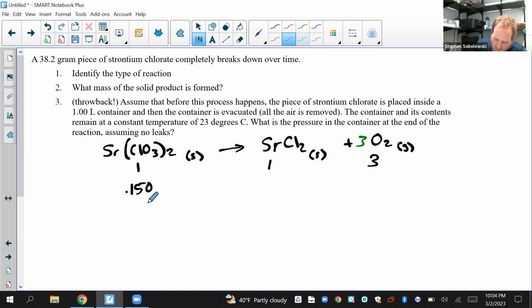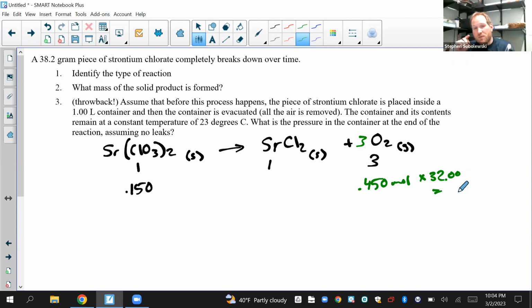All right, let's find how much gas is going to form. Well, if it's 0.150 moles of this, it's going to be 0.450 moles of this. And we multiply that by 32.00, that's the molar mass of O2, 0.450 times 32 gives us 14.4. Oh, wait, you know what?